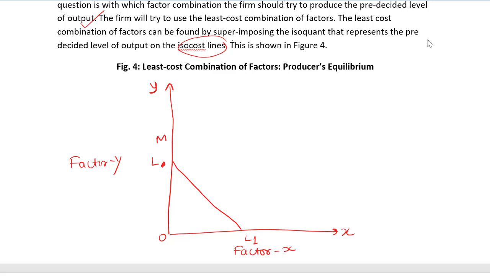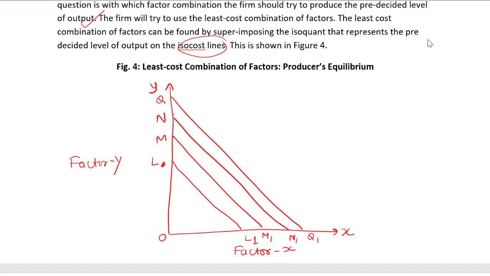Then we have M, M1. Combination N, N1, and Q, Q1. I hope you understood till here.